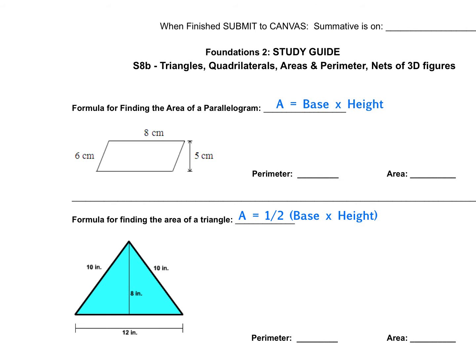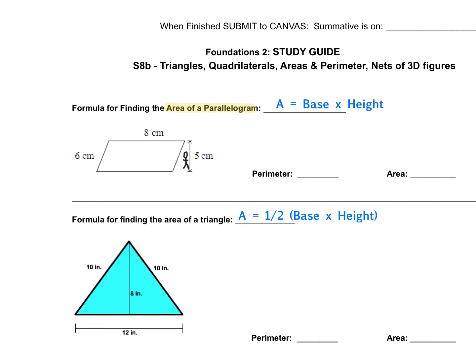Okay, let's take a look here at finding the area of our parallelogram. I want everybody to think about going to the doctor. When you go to the doctor and they ask you to be measured, do you lean over or do you stand up nice and tall against that height measurement? So think about this as you're looking for the height.